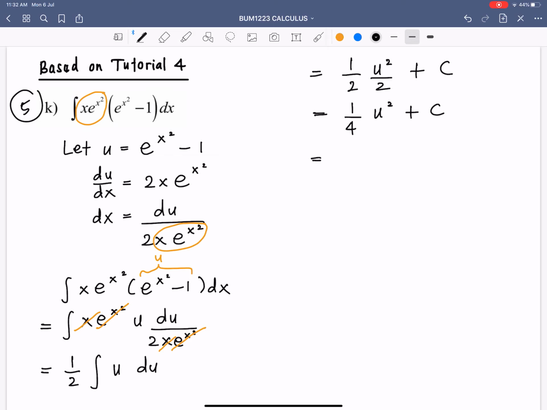So we will substitute u. Just now we have u equals e^(x²) minus 1. So we get 1 over 4 times (e^(x²) minus 1) squared plus c. Okay, so this is the final answer for question 5K.